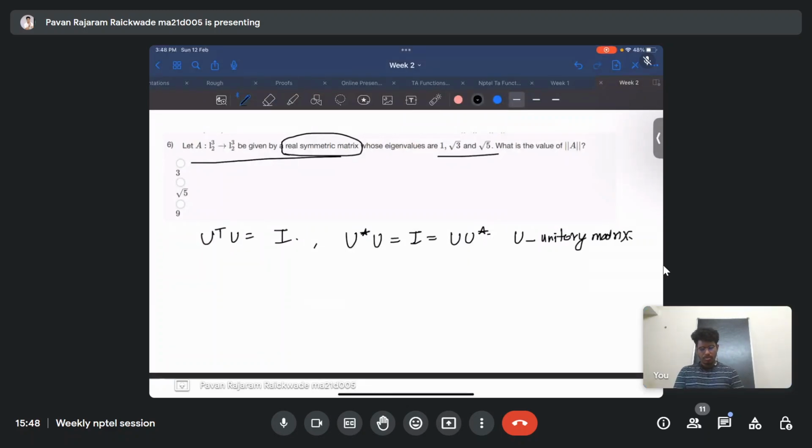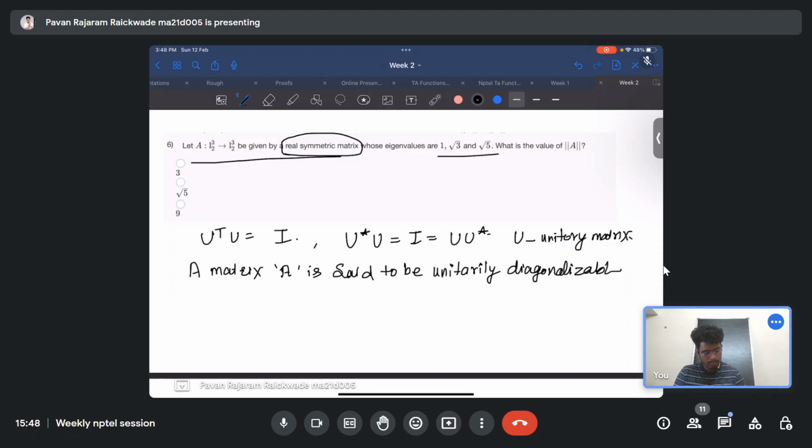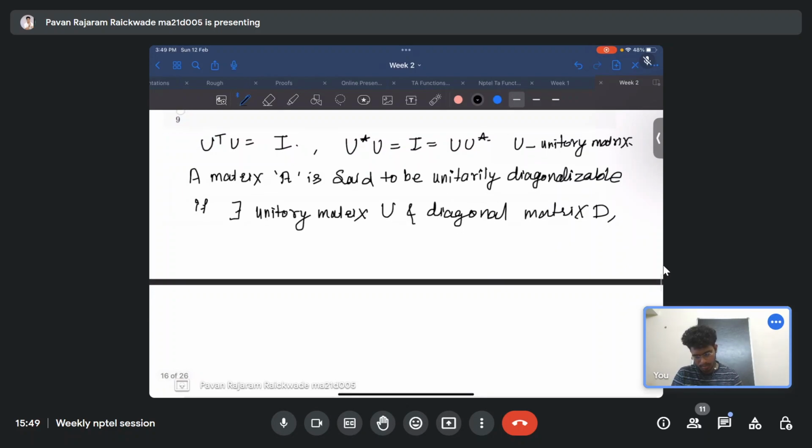A matrix A is said to be unitarily diagonalizable if there exists a unitary matrix U and a diagonal matrix D such that A equals U D U star.